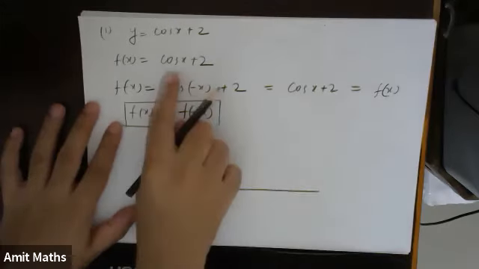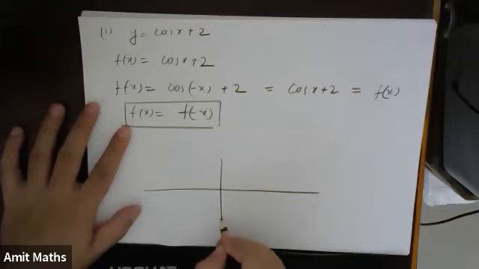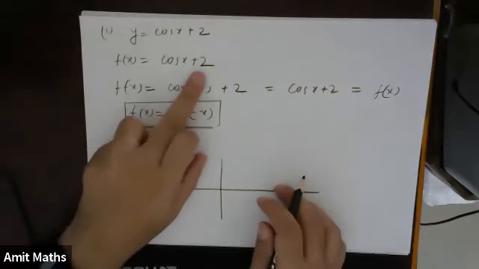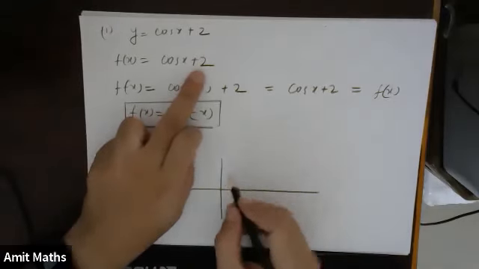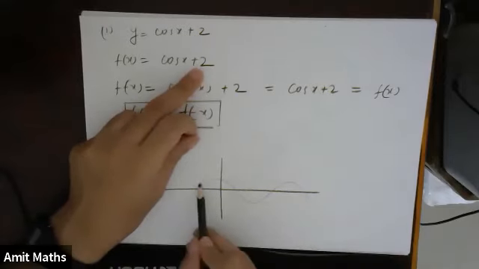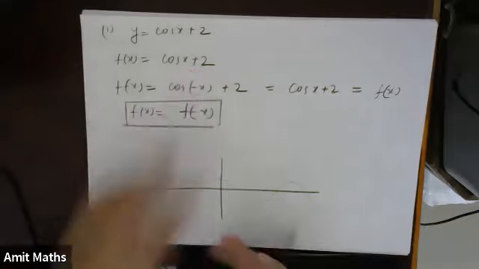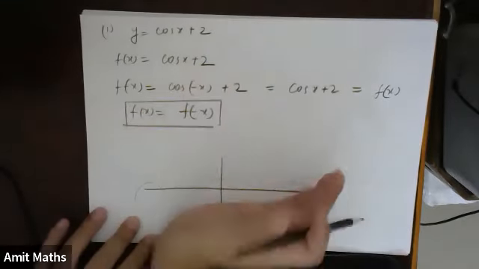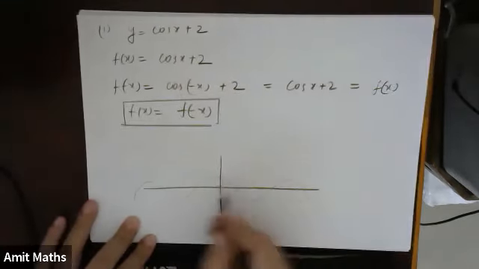Now see, if I try to draw this graph, cos x plus 2. The cos x graph will be something like this. Now plus 2, the graph will shift 2 upwards. So this is 1.